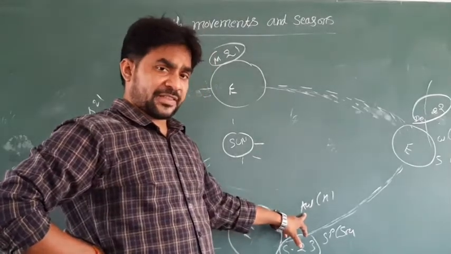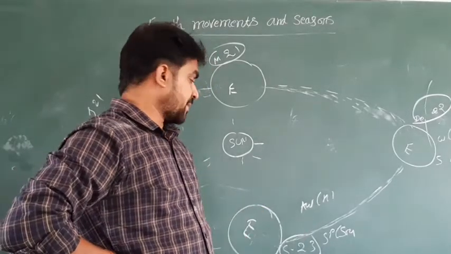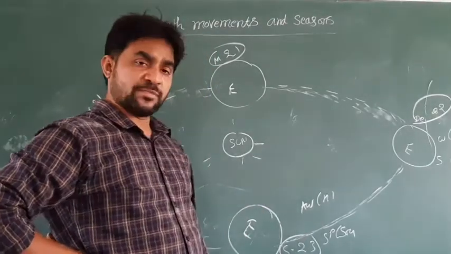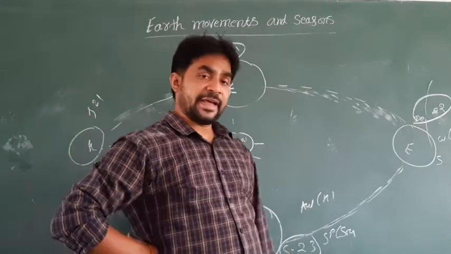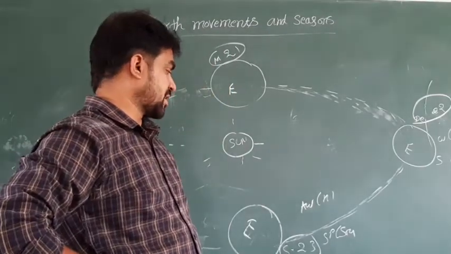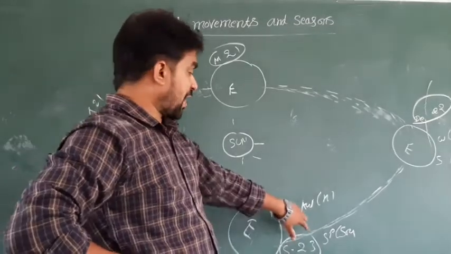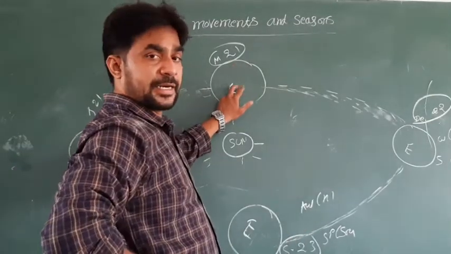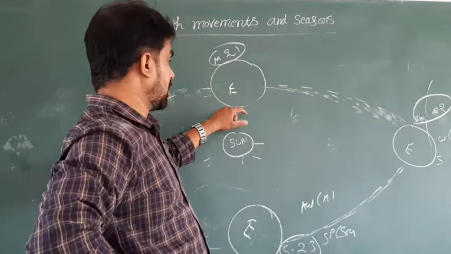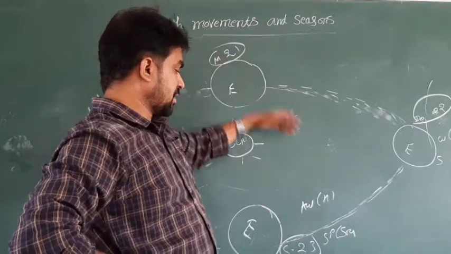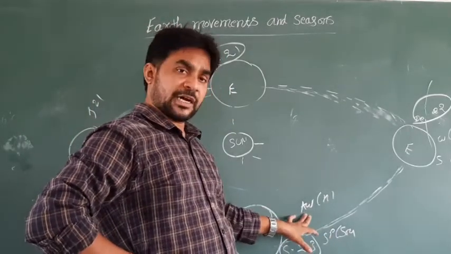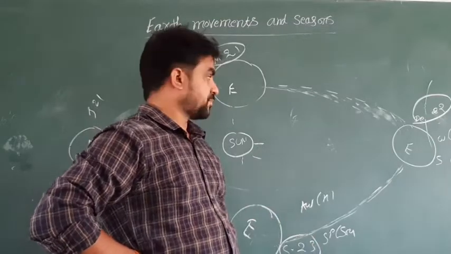In the region of the northern side, in the September month we have autumn, and in the region of the southern side we have spring. It's quite opposite to the northern side. Clear? See, this is this side. If it is autumn in the north, it is spring in the south.